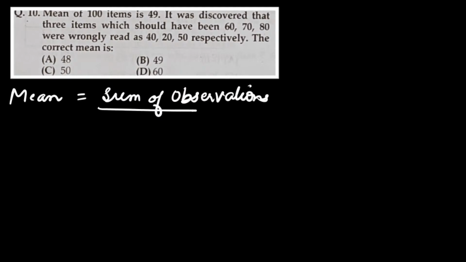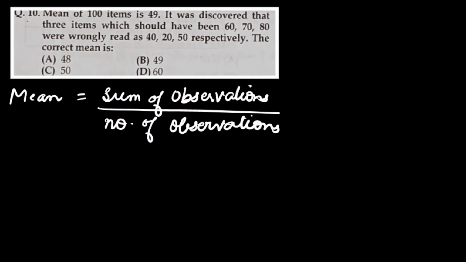But for MCQs, you can remember the mean formula. Mean is equal to sum of observations divided by number of observations. This is the formula of mean for ungrouped data.